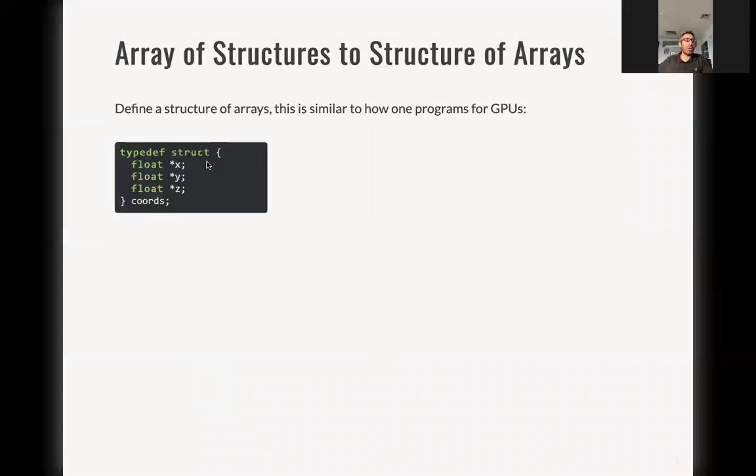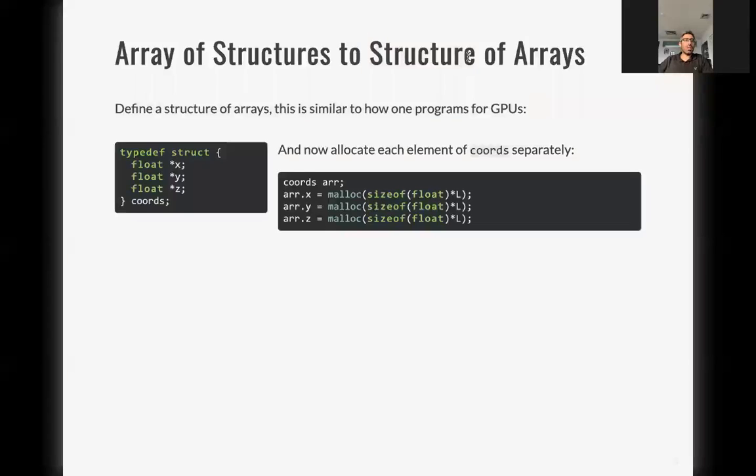So typically what we do is we make a small transformation in the data layout in order for such operations to be easier to vectorize. A way to see this is you would make the structure not a structure of just scalars, but a structure of arrays. So from array of structures, as the title says, to structure of arrays. Then each element is an L length array. So we're sort of transposing the order of what goes fastest.